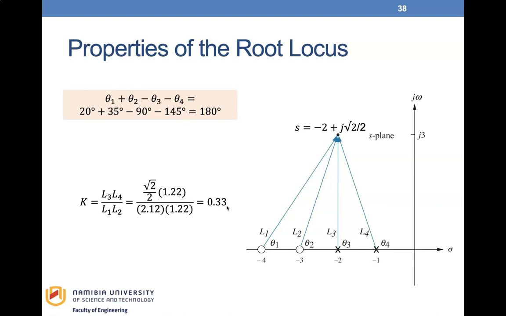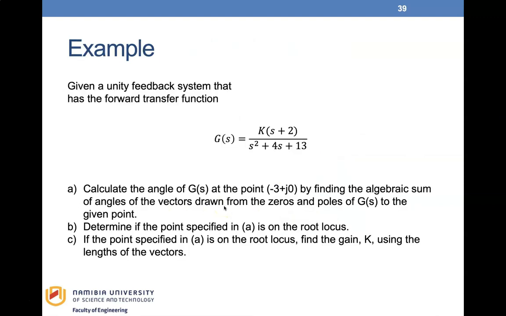Let us solve an example. Given a unity feedback system that has the forward transfer function G(s) equals K(s plus 2) over s squared plus 4s plus 13, do the following.